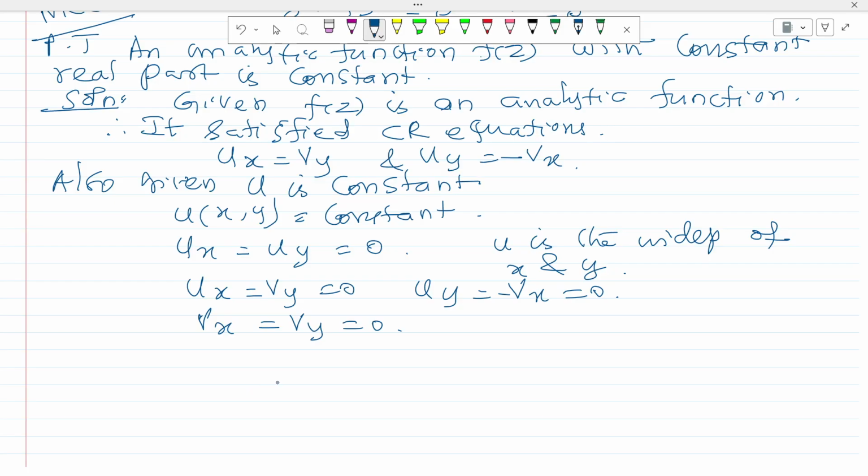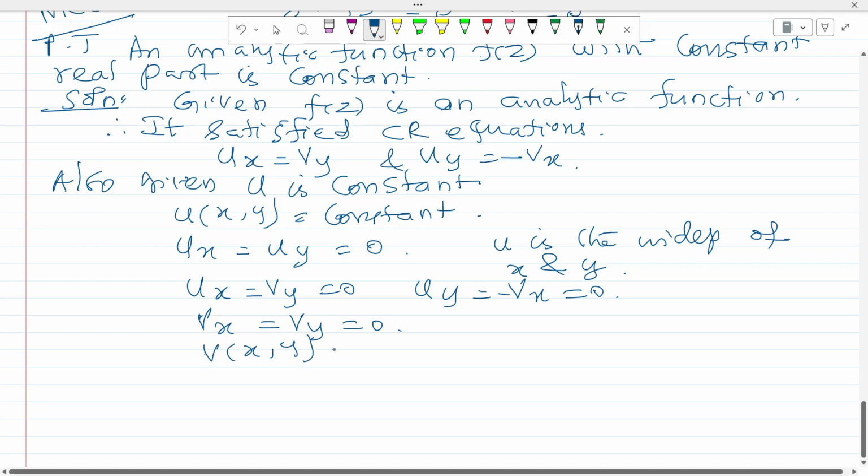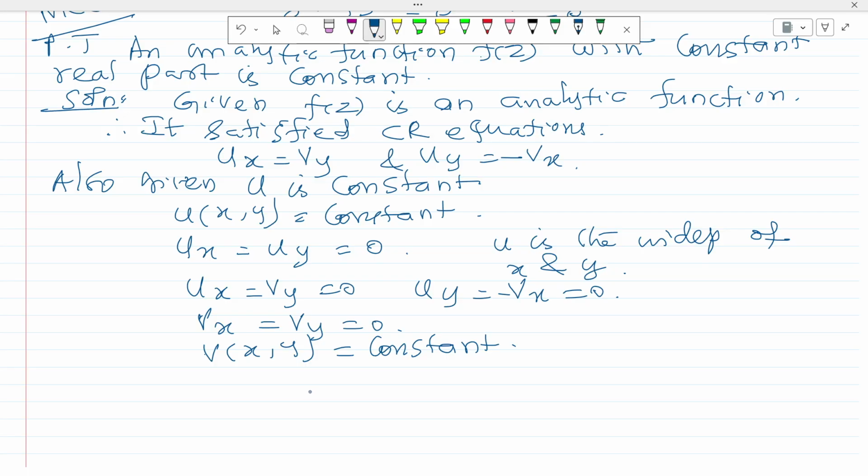Because it is satisfying the CR equation, Vx, Vy equal to 0. Integrate this. V of x comma y equal to constant. So, if you take u as constant, v is also constant.